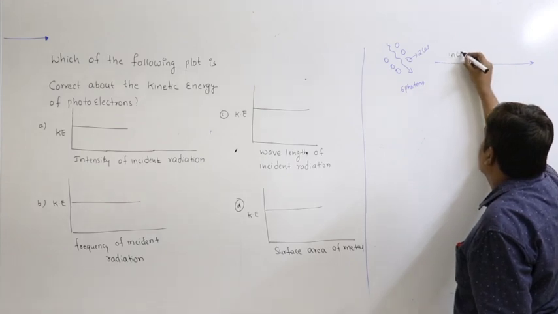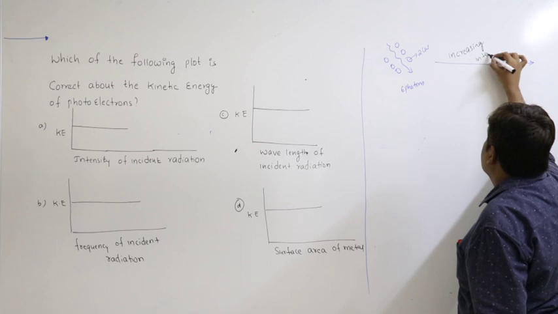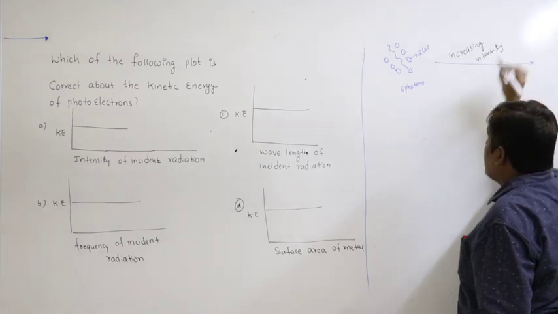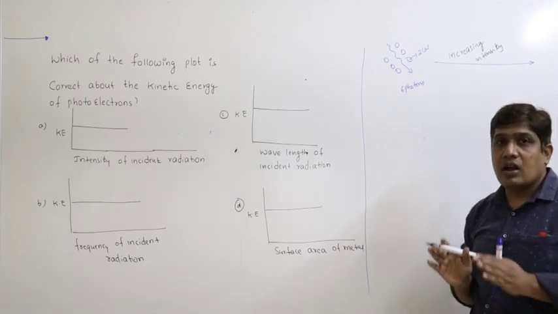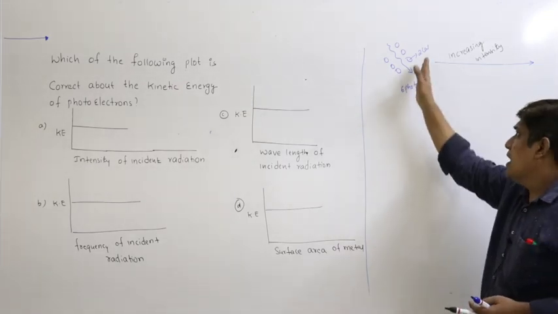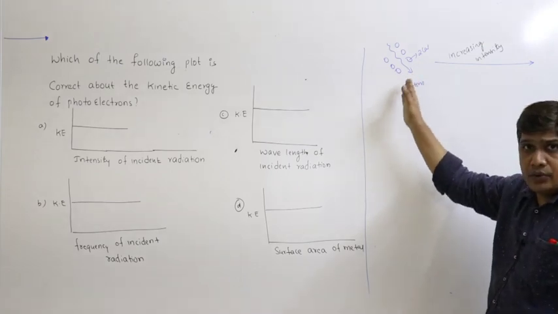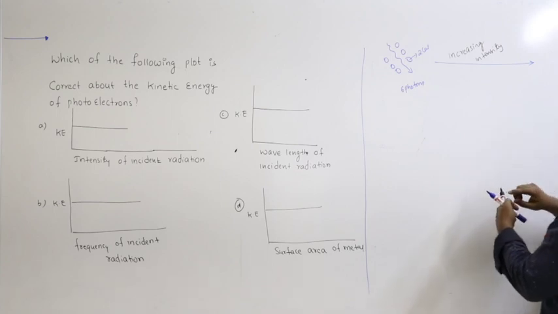increasing intensity. Then what happens? More number of photons are emitted or available, but energy of photon will remain same. So here how many photons are emitted per unit time? 6 photons. So what happens if I increase the intensity?